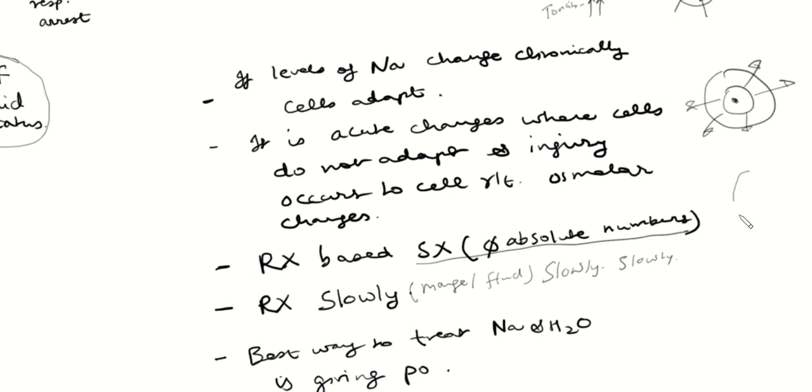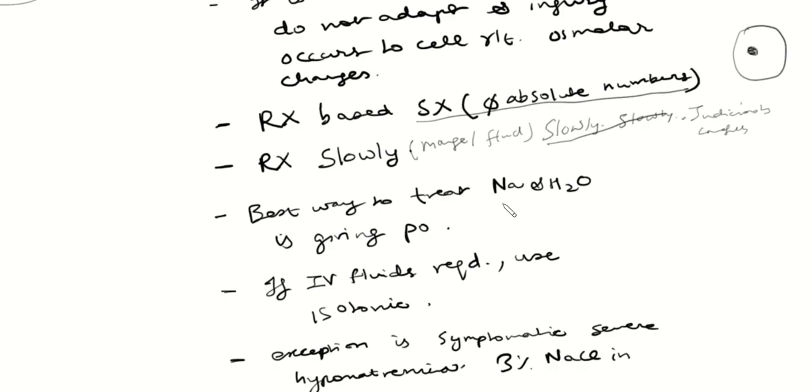So if they're coming in with a big derangement and you're very aggressive and give them aggressive therapy which changes their tonicity acutely, that may be as injurious to them, probably more than the original abnormality. So this is a time where we go very, very slowly and very judiciously and very carefully. Okay? Best way to treat sodium and water, give it by mouth.